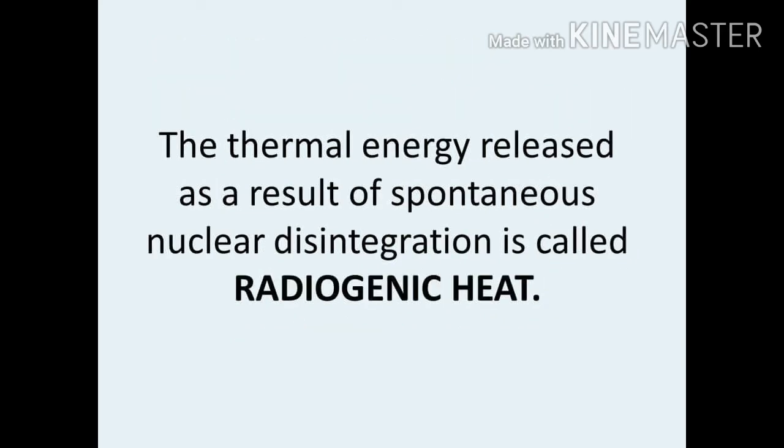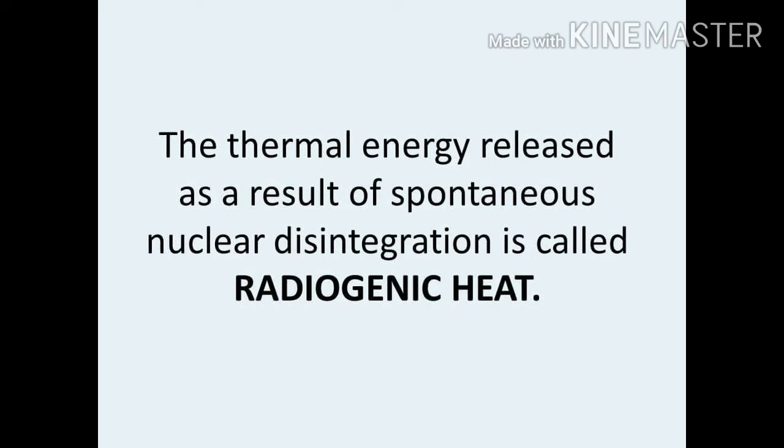On the other hand, the thermal energy released as a result of spontaneous nuclear disintegration is called radiogenic heat. Radiogenic heat is the heat generated by long-term radioactive decay. It involves the disintegration of natural radioactive elements inside the Earth like uranium, thorium, and potassium.